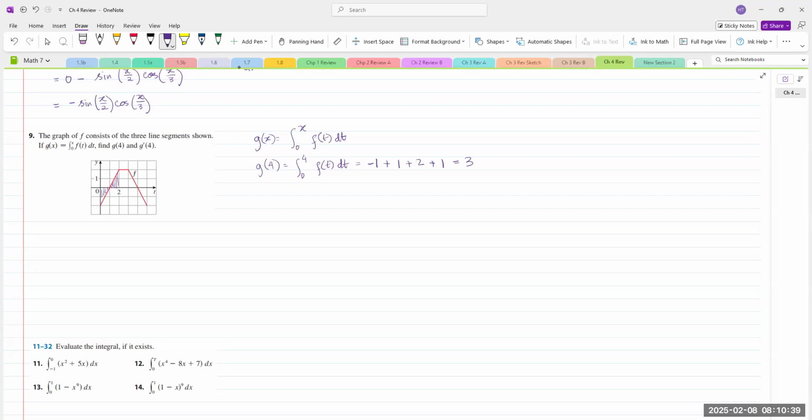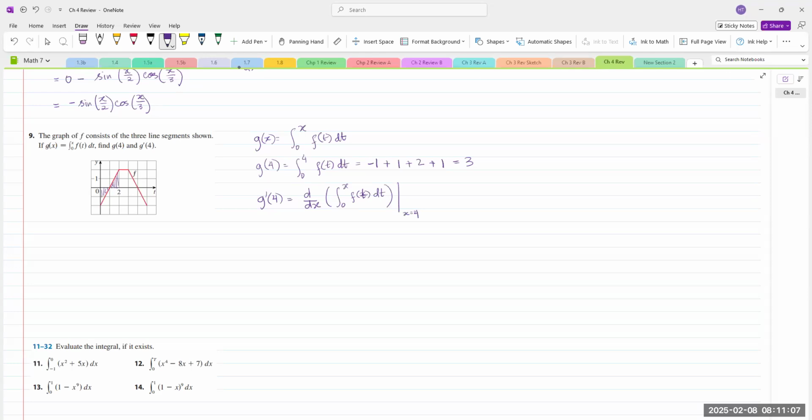Okay, now what about g prime of 4? g prime of 4 is the derivative with respect to x of that integral. The notation seems to be complicated, I know. This is t. Observe at 4.